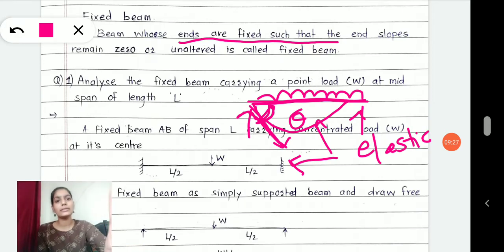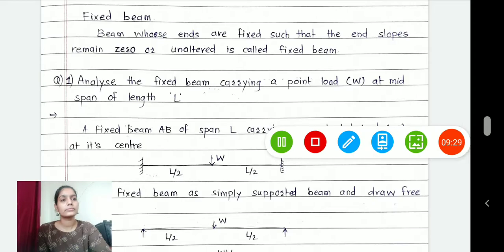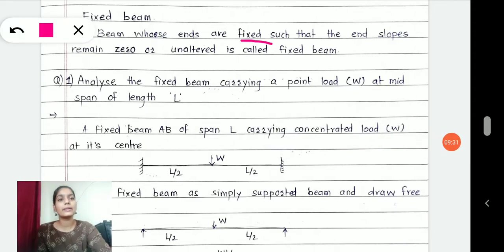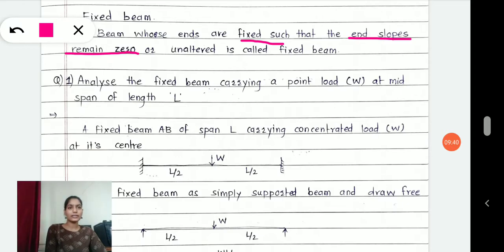Therefore, as I said, in a fixed support the end slopes remain zero or unaltered, and that is called a fixed beam. That's why I'm telling you what slope is, and how it remains unaltered or zero: because we have provided fixity at the ends.